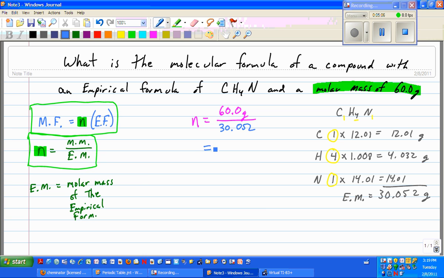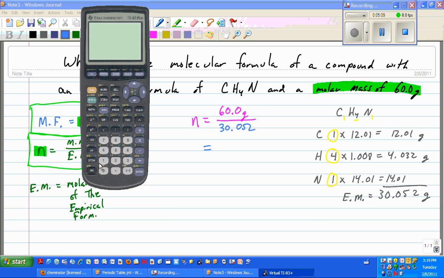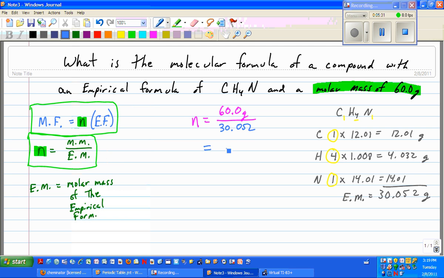We'll go ahead and divide that. I'm going to grab a calculator and turn that on. There we go. I've got 60.0 divided by 30.052, and I need 3 sig figs here, so that's 1.996.